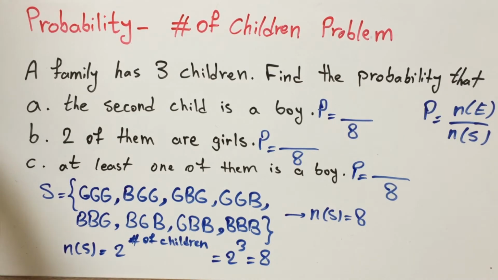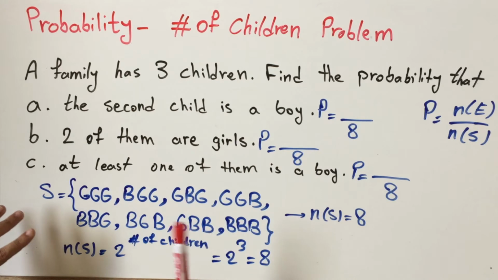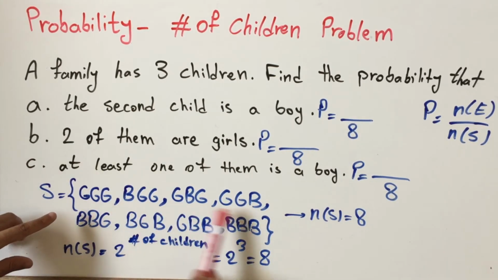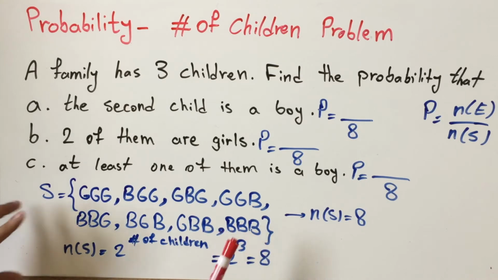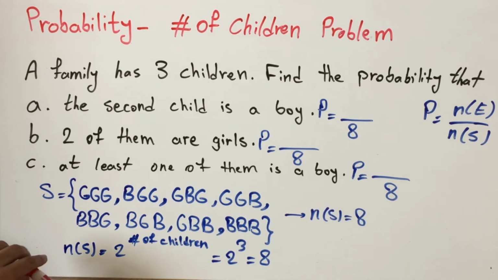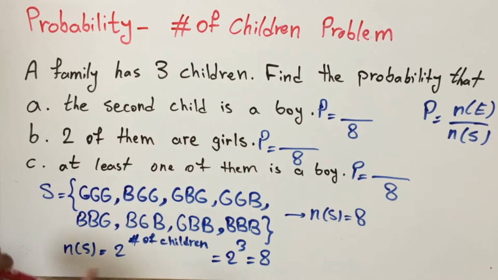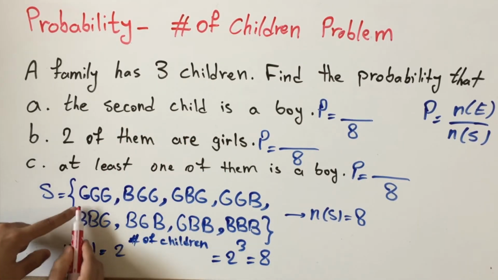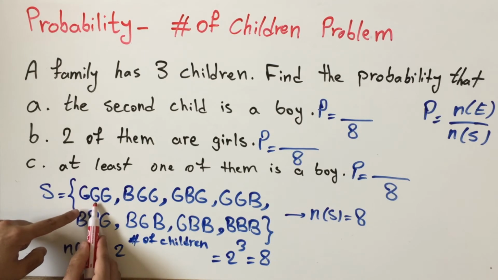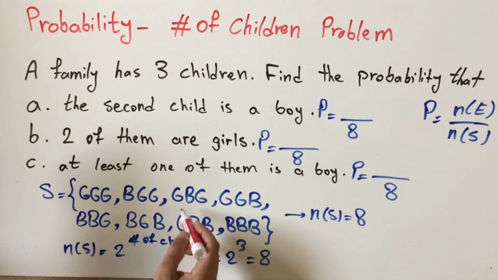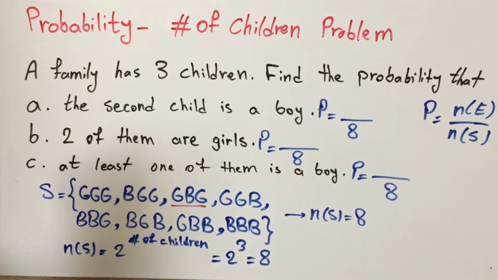Let's discuss the first one. The first one says the second child is a boy. So we are not caring about the first one and the third one. From this list of boys and girls, you have to choose the ones that have the second child as a boy. For example, the first one is not okay because the second child is a girl. Again, this one, the second child is a girl, but this one is good, so I'm going to pick this one.